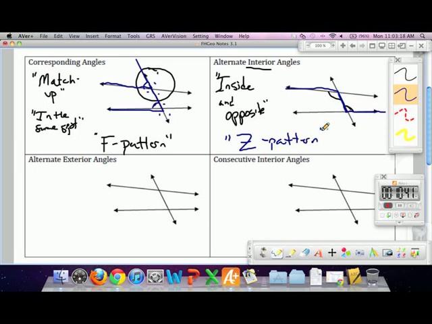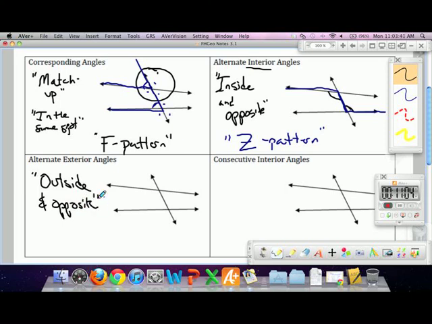Alternate exterior: opposite and outside. So outside of the two lines being cut, and then opposite of each other.